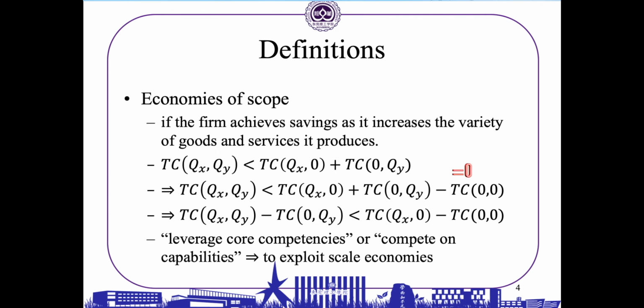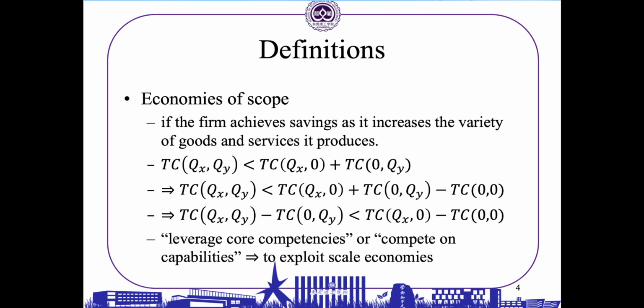We have TC(Qx, Qy) minus TC(0, Qy) is smaller than TC(Qx, 0) minus TC(0, 0). This says that the incremental cost of producing Qx units of good X, as opposed to none at all, is lower when the firm is producing a positive quantity Qy of good Y, than the right-hand side of the inequality.